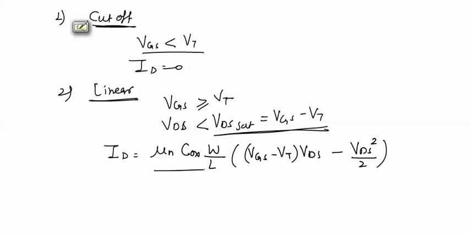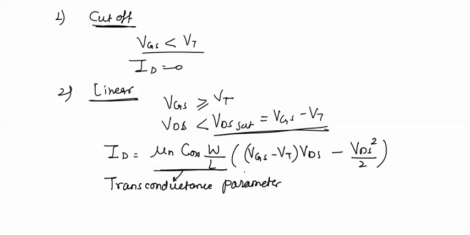In this equation, this term is called the transconductance parameter, written as Kn.